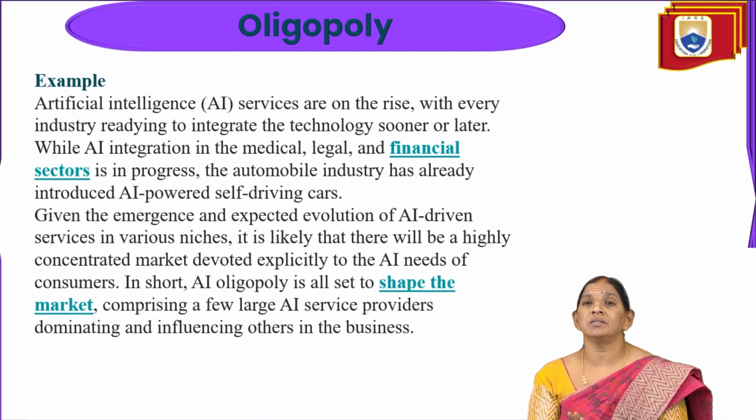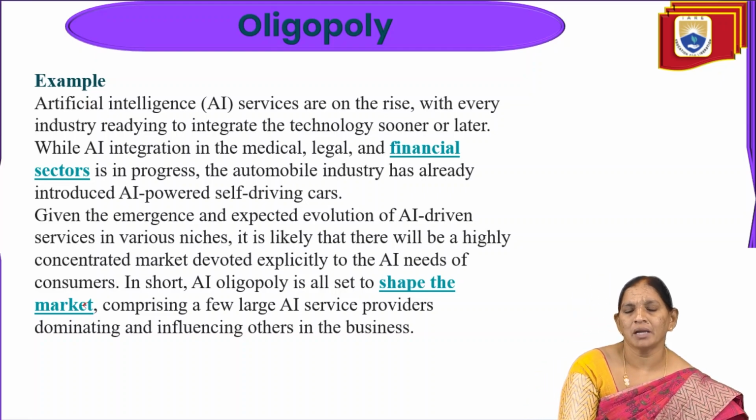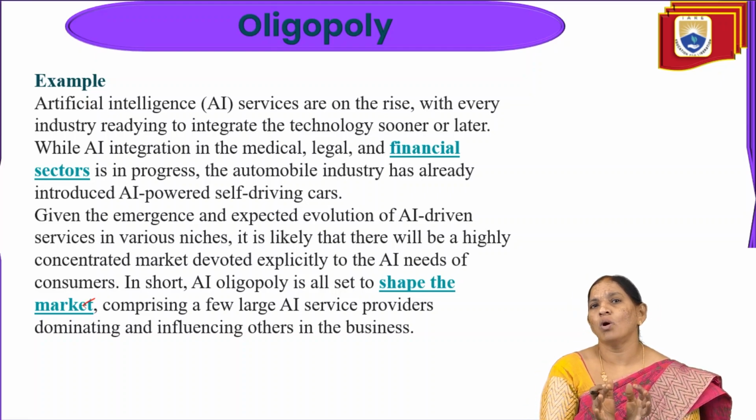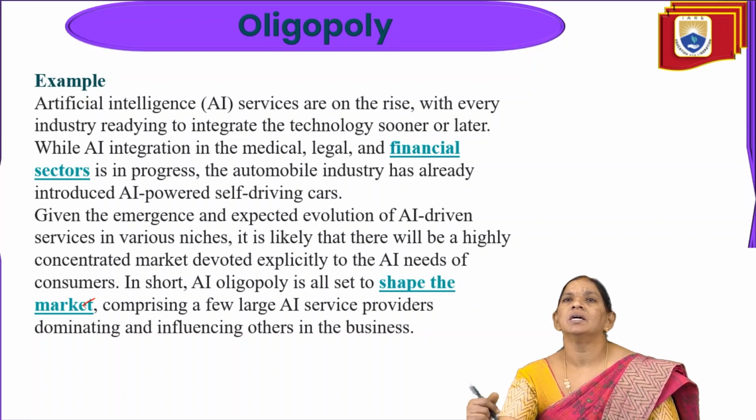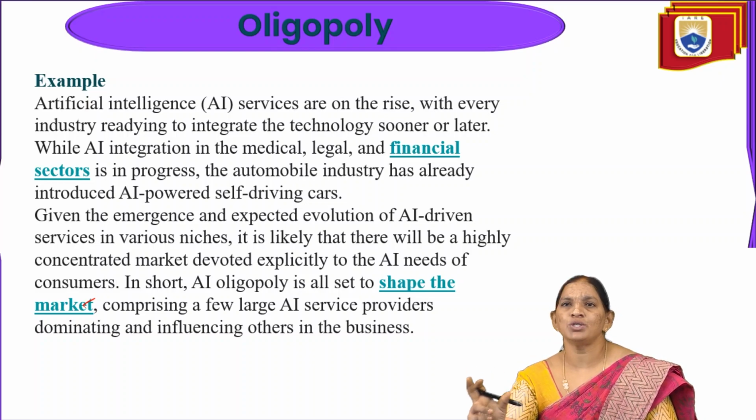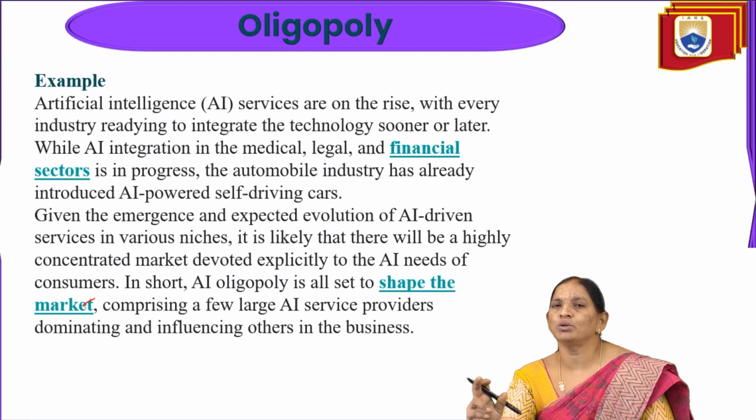So in short, we can say that AI in oligopoly sets the shape of the markets, meaning it sets what will be there, what type of companies, that is, fewer companies producing a dominant and influential business share or supplying the product to the market.